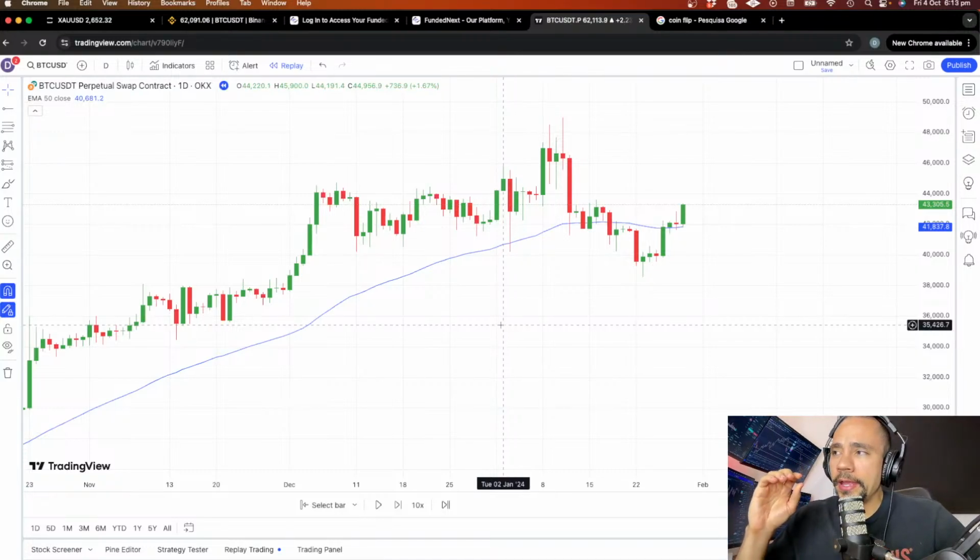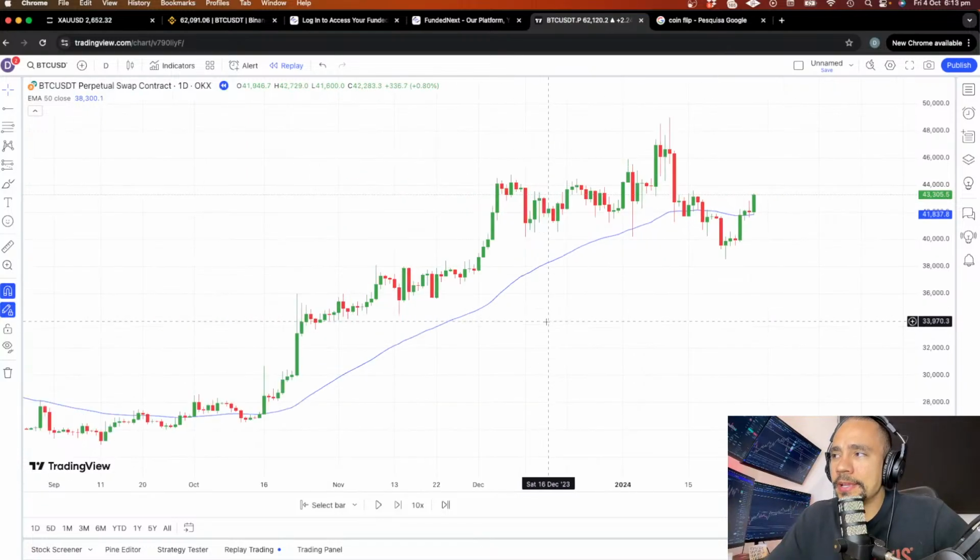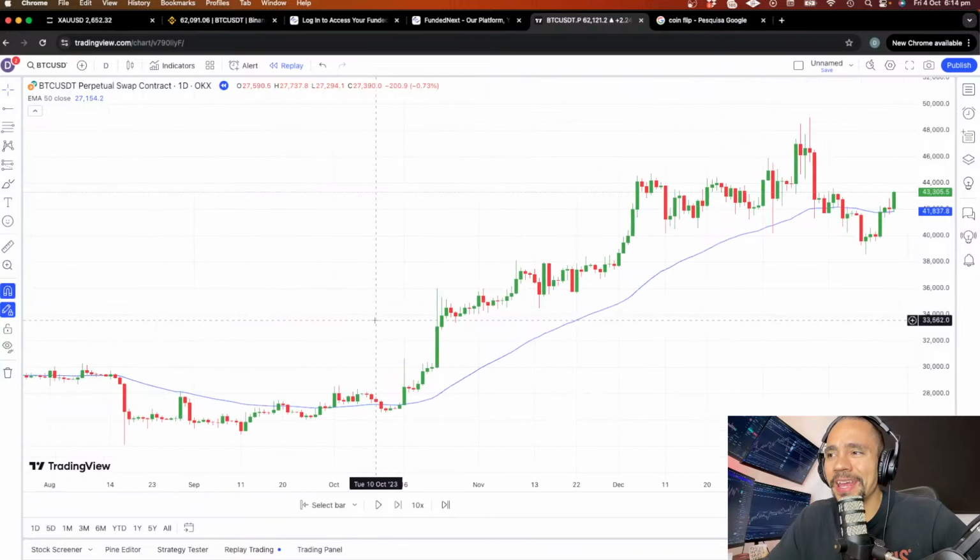Now it's not gambling. Now you are basically gonna go long or short when the market breaks above or below the 50-day moving average. And obviously you want to backtest that to make sure you are profitable on that strategy. But let's say, for the sake of this example, it is profitable.